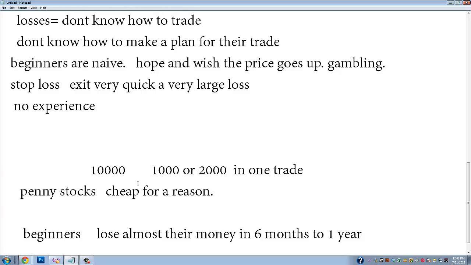That's why the mutual funds, the big guys, the people who want to invest, don't go to these penny stocks. You are lucky if you can make some money in penny stocks, and most of the time it's very risky. You can lose almost all your money in one trade.